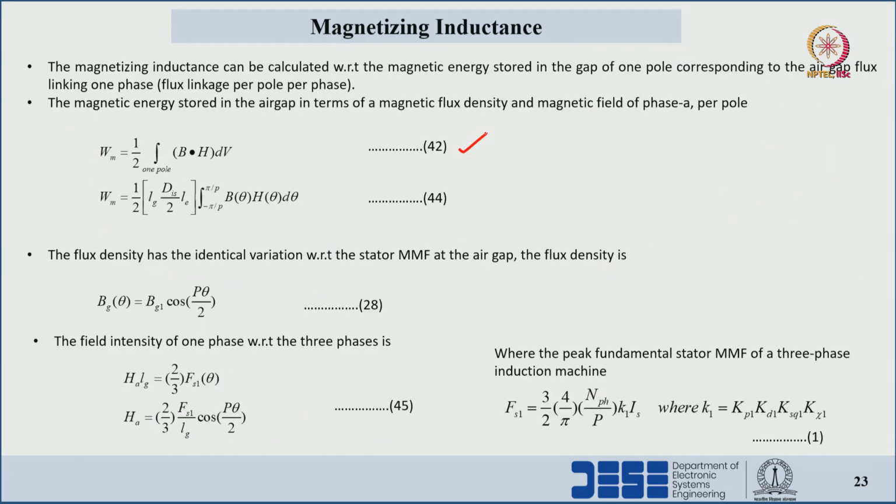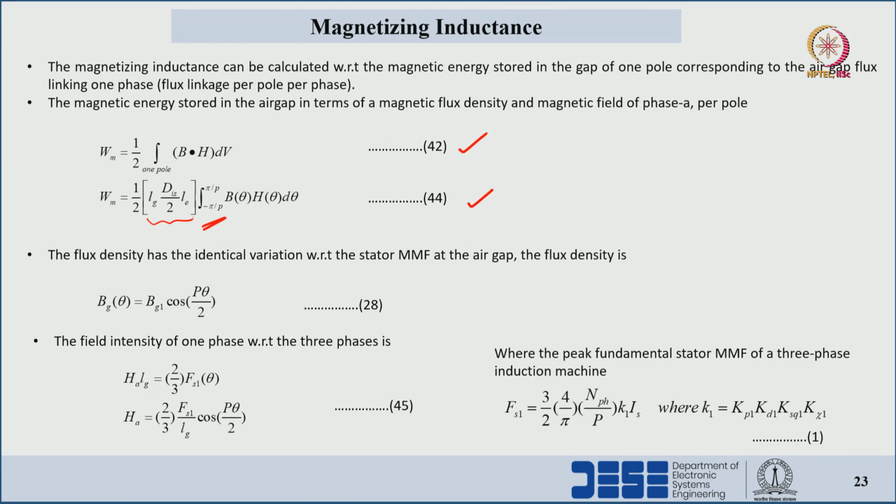Based upon the energy equation, half integral of B dot H into dV, the volume integral, the limits will be minus pi by p to plus pi by p, one pole pitch, into B into H d theta, and here Lg will be the length of the air gap and Dis by 2 is the radius from the center point of the rotor to the air gap midpoint, and Le is the length of the core. All three dimensional lengths we have covered, and integral of B into H d theta is nothing but energy stored at the air gap.